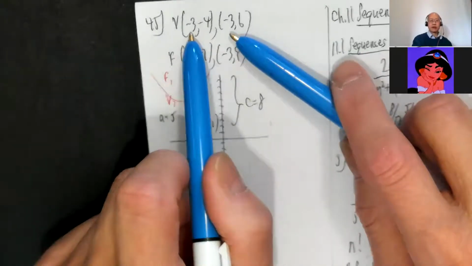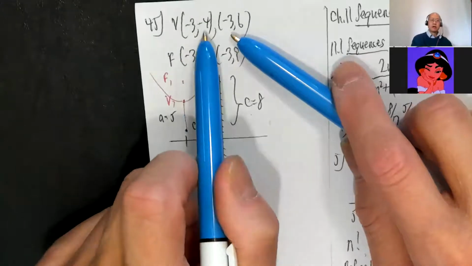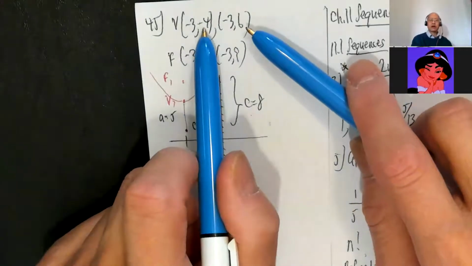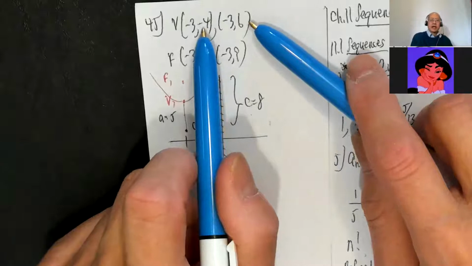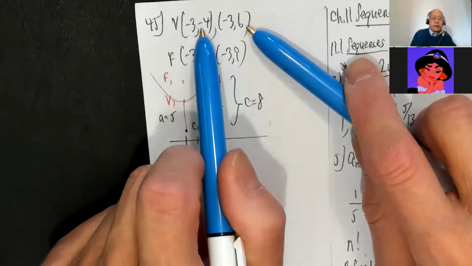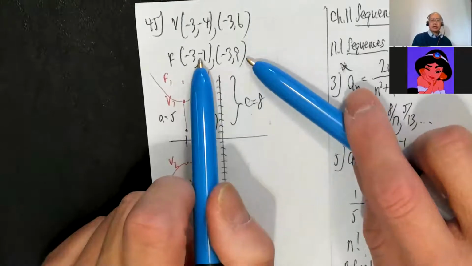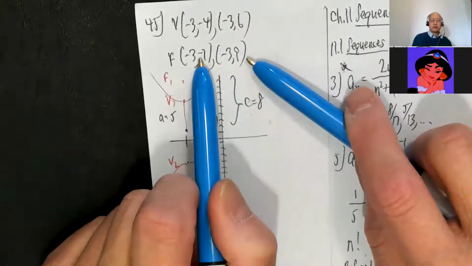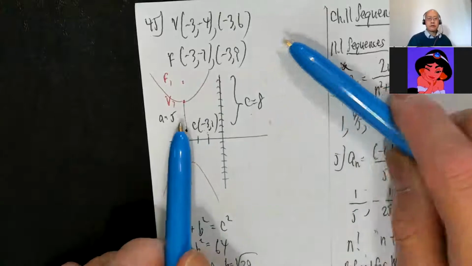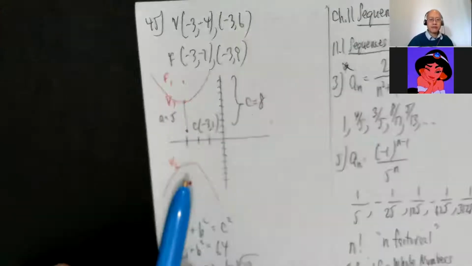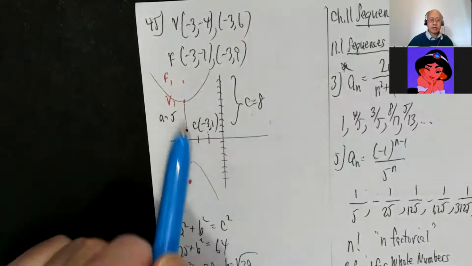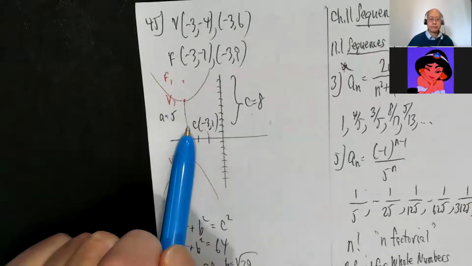The average of -3 and -3 is still -3. To average the y's, you add them up and divide by 2. So 6 and -4, add them up, you get 2. 2 divided by 2 is 1. Or I could do that here also: 9 plus -7 is 2, 2 divided by 2 is 1. So the center is -3, 1.